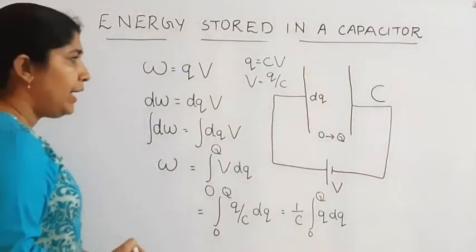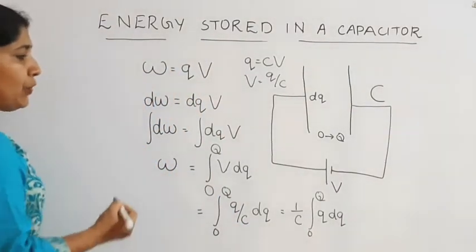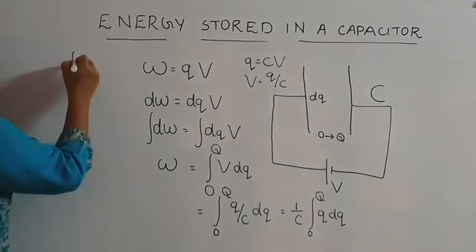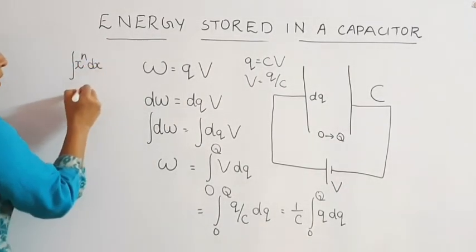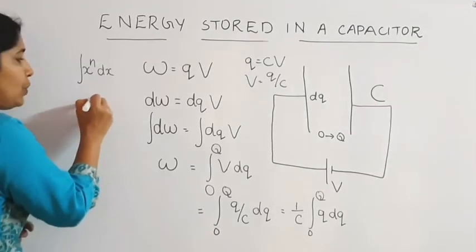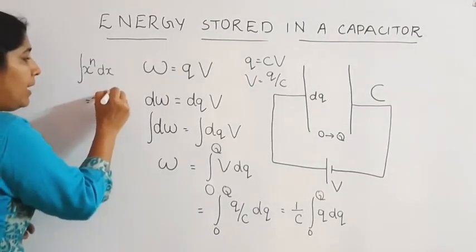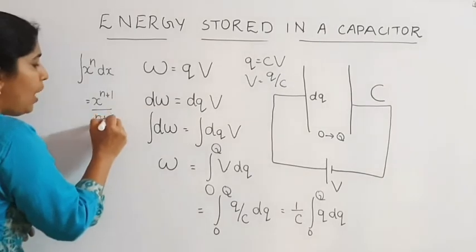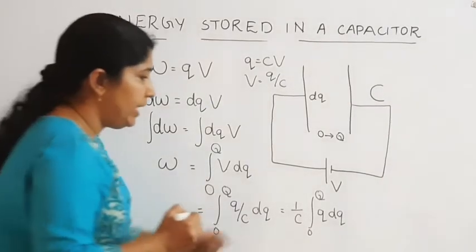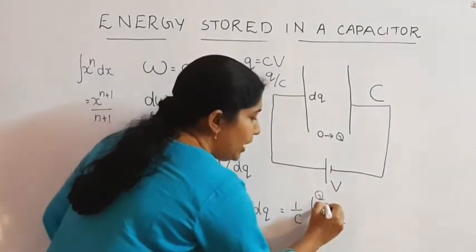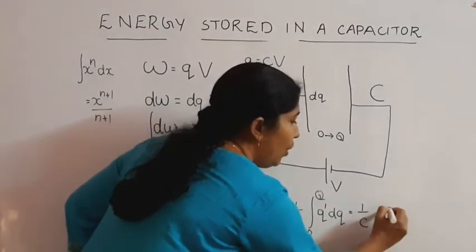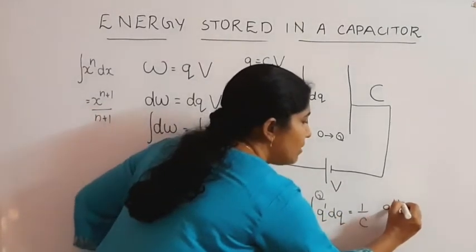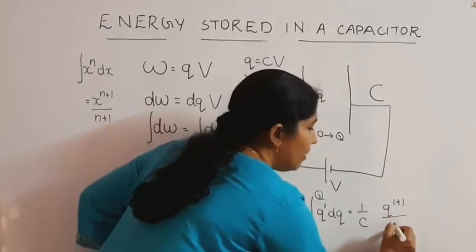Then on integration, what about the integration rule? The integral of x raised to n dx is equal to x raised to n plus 1 divided by n plus 1. On applying this rule here, the integral of q raised to 1 dq, that is equal to 1 by C into q raised to 1 plus 1 divided by 1 plus 1.